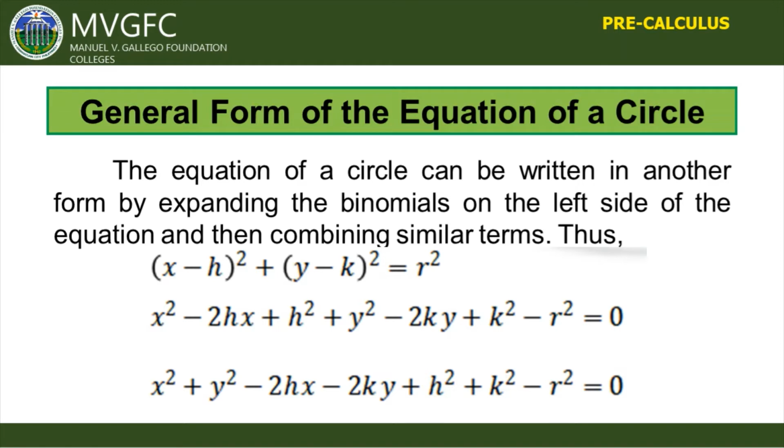Simply, you can use the FOIL method, wherein you need to have this expression as x minus h multiplied by x minus h since you're using this squared. Now, for the shortcut, first you need to square the first term, and that is x. So x times x, you have x squared. Next, multiply the first and the second term, which is x and negative h.